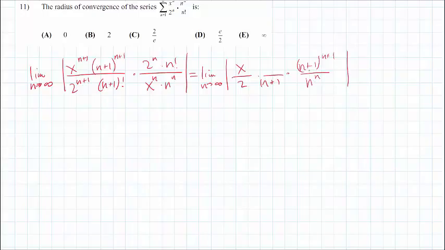And that part is going to be a doozy. Now, if I take just a little look at this, n plus 1 to the n plus 1 power over n to the nth.